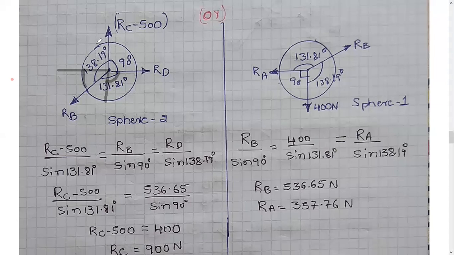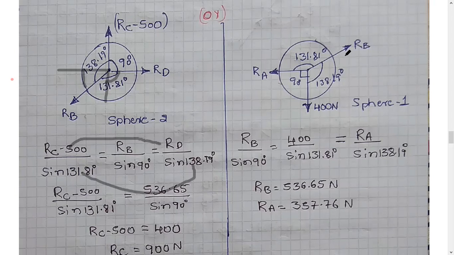You can equate as we did in the previous problem: RC minus 500 by sine of 131.81 degree, RB by sine of 90 degree, equal to RD by sine of 138.19 degree. If we equate the known force with the unknown force, we can easily get the unknown forces.